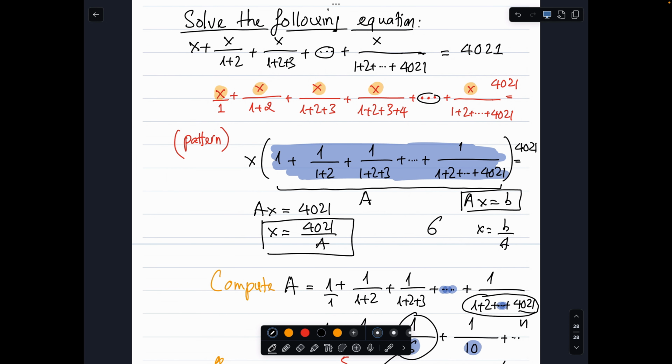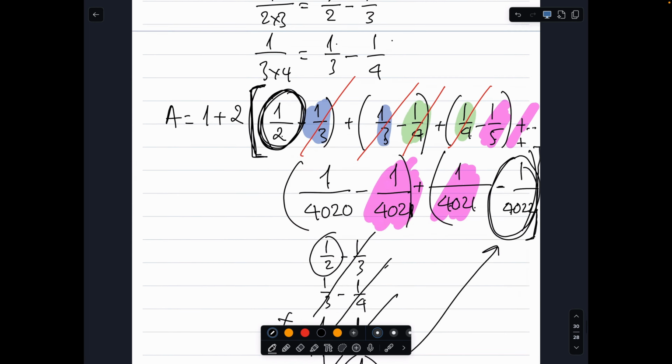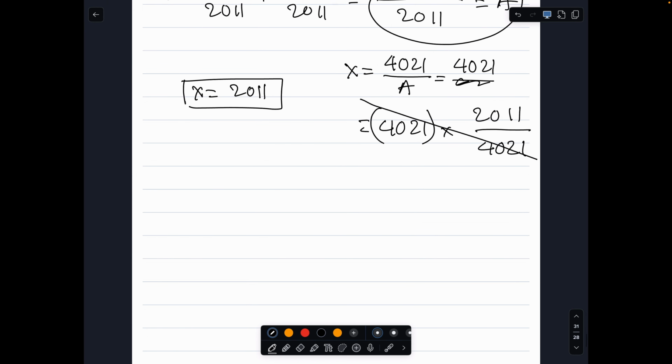So let's now do the self-reflection. Okay, what did you learn after solving this problem? So first thing is that this is just a linear equation, even though it looks messy.